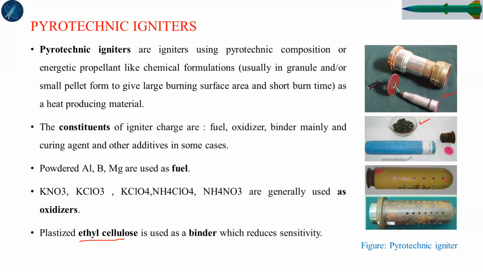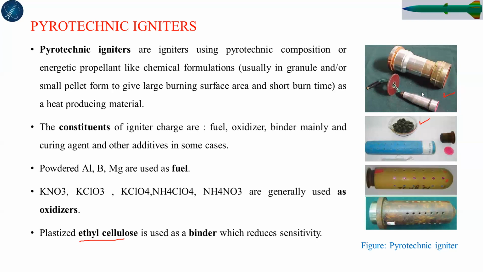This is finally prepared in this manner. So this is the pyrotechnic igniter. These igniters are placed in the motor chamber in front of the propellant grain.